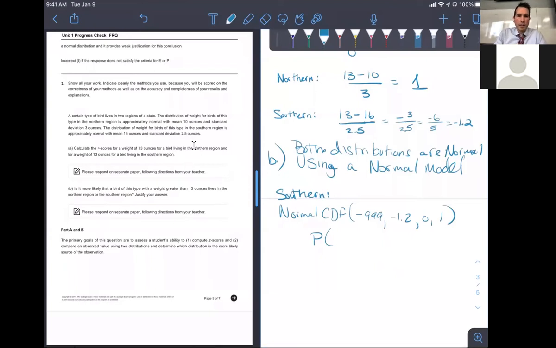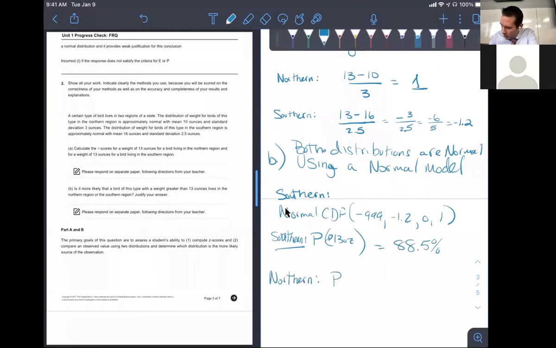If I instead said my lower bound was negative 1.2 and my upper bound was something big, like 99, that's 13 ounces. What's the probability I pick a bird at random and its weight is greater than 13 ounces? Well, in the southern region, that's 88.5%.